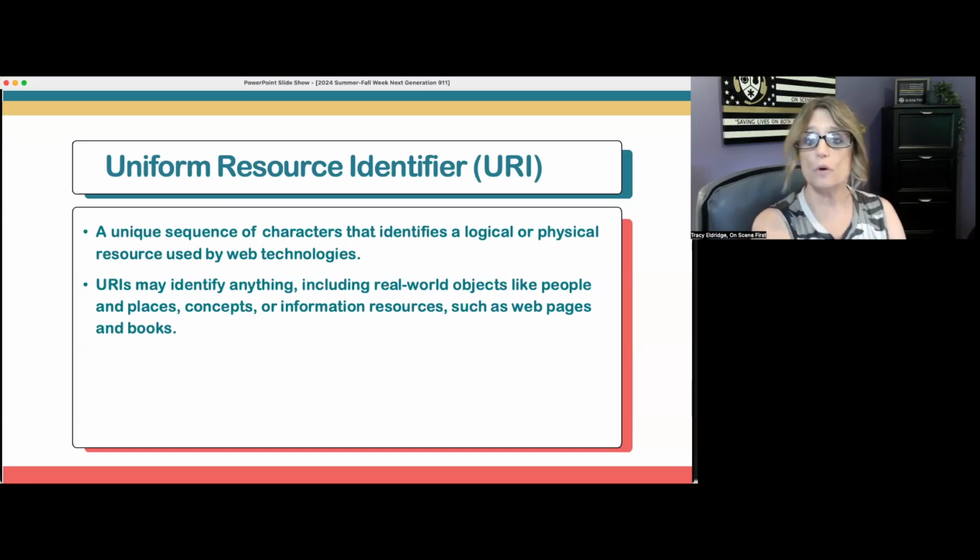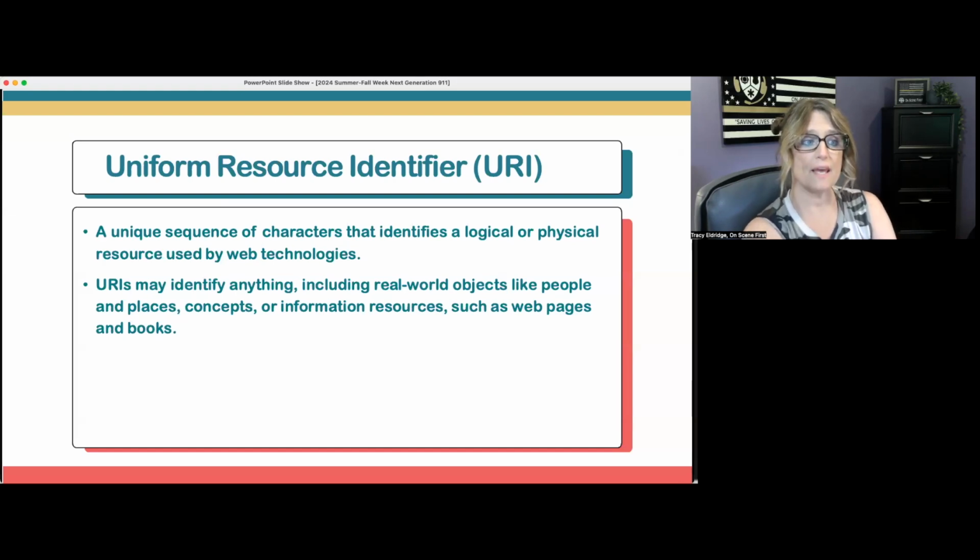URI, Uniform Resource Identifier. It's identifying the resource on the other side. It's identification. It is a unique sequence of characters that identifies a logical or physical resource used by web technologies.